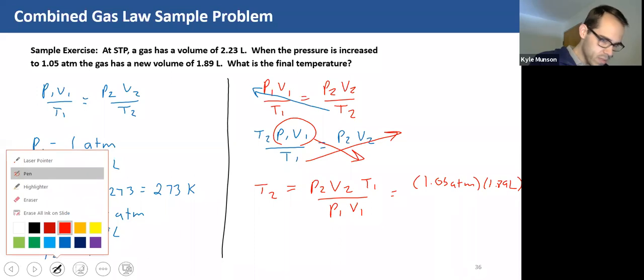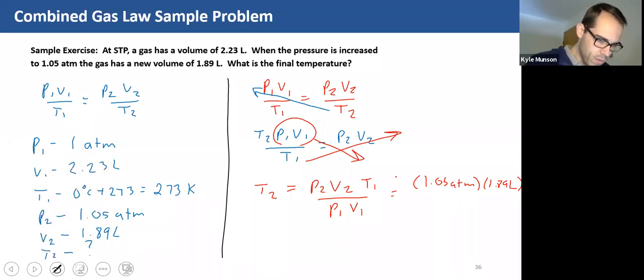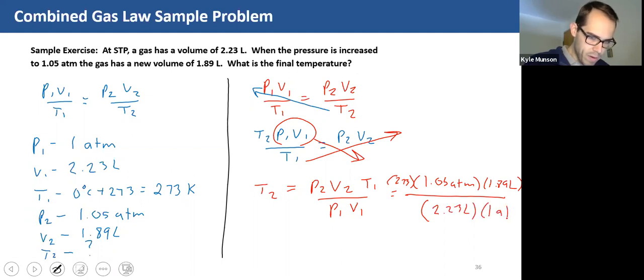Times T1, 273. Sorry, this is messy. Over 2.23 liters, 1 atmosphere. Okay, so let's put all that into our calculator and let's see what we get.